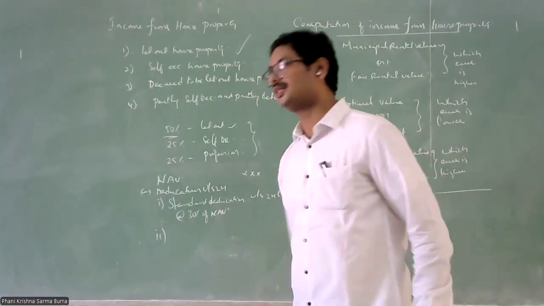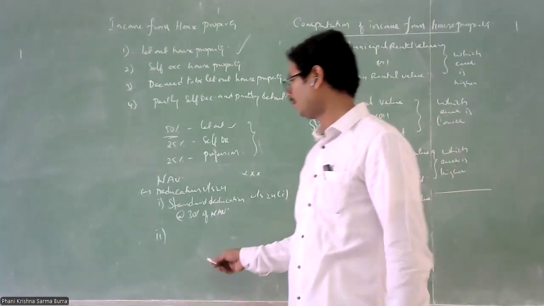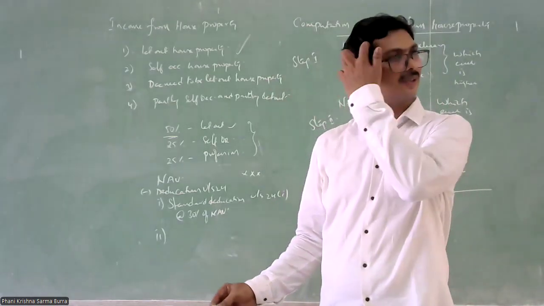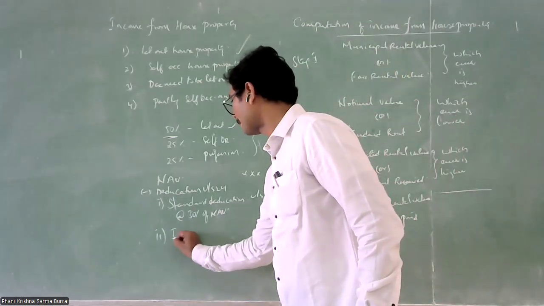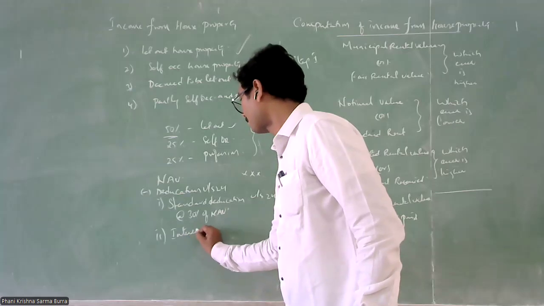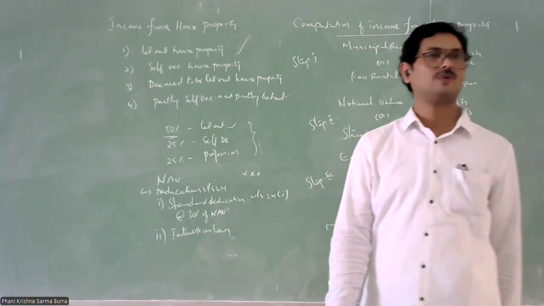And the second one, which is one of the important things for calculation of house property, is interest on loan.